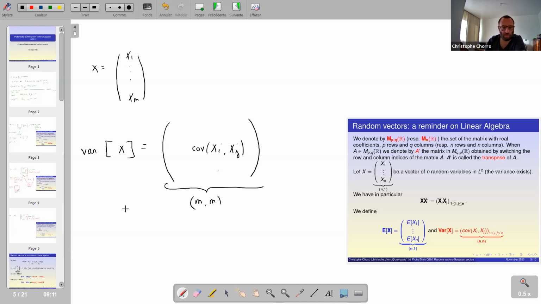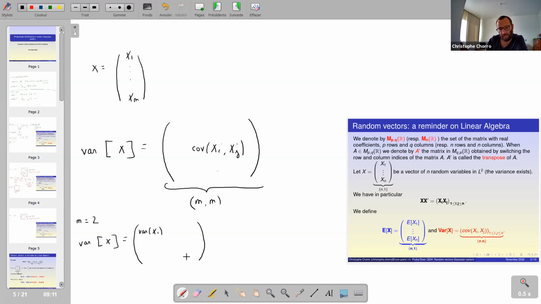Typically for n equal to 2, for example, if I have only two variables in my vector, the variance covariance matrix in this situation will be what? For the first position in the matrix, for i equal to 1 and j equal to 1, I obtain the covariance of x1, x1, that is just the variance of x1.